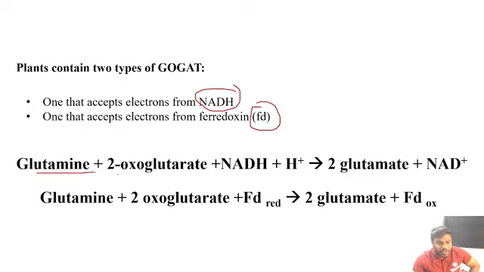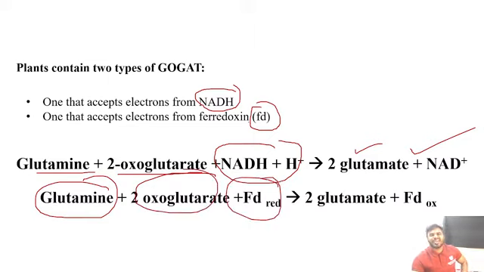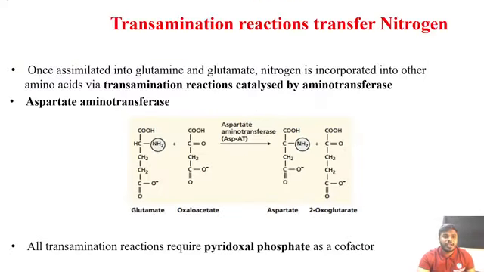So glutamine, 2-oxoglutarate, electrons given by the NADH. Reaction is same. Same glutamine, same 2-oxoglutarate, electrons given by the ferredoxin. There will be no change at all. So I want you to just remember, GOGAT will exhibit in two forms. It can accept NADH also. It accepts the electrons from FD also.